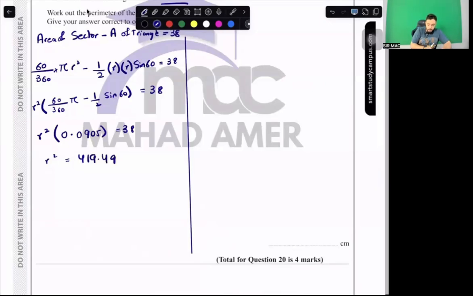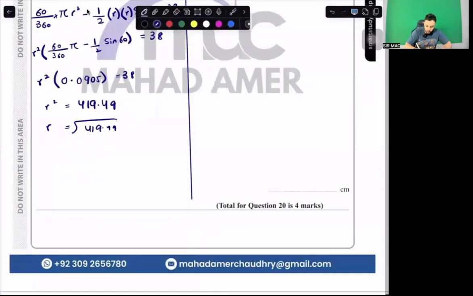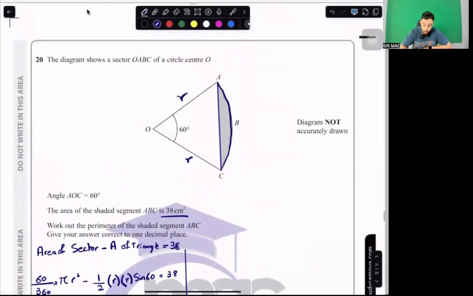I rooted that to get the value of r, and the value of r that I got was 20.48. So 20.48 is my value of r. That's this value of r.